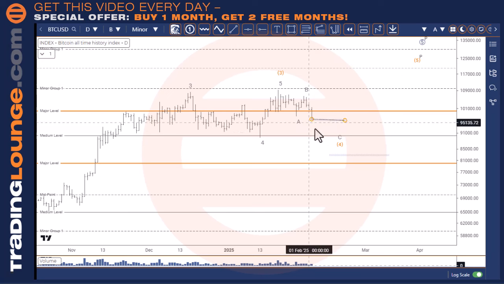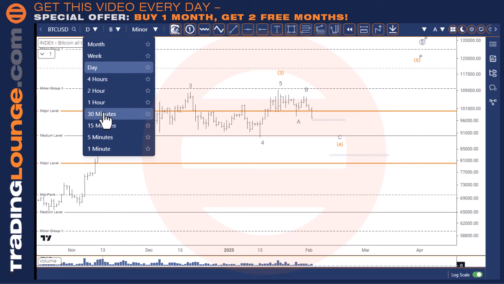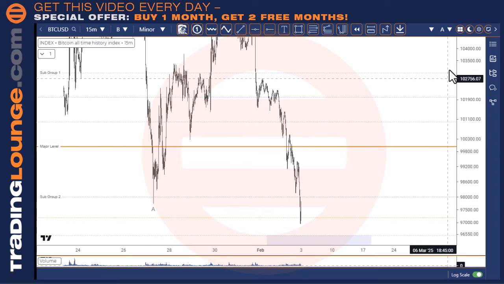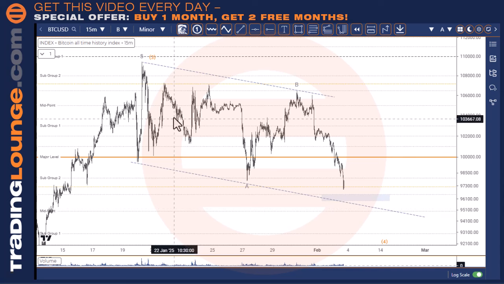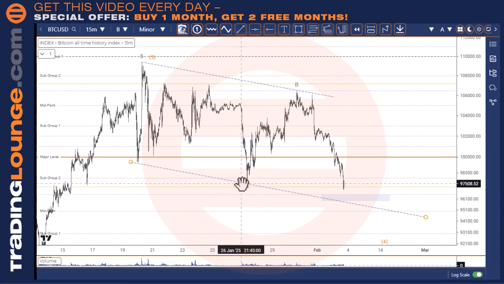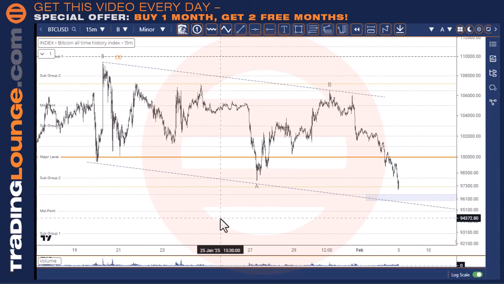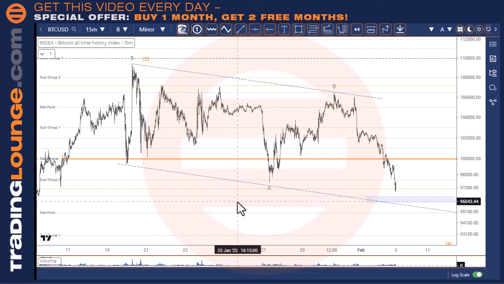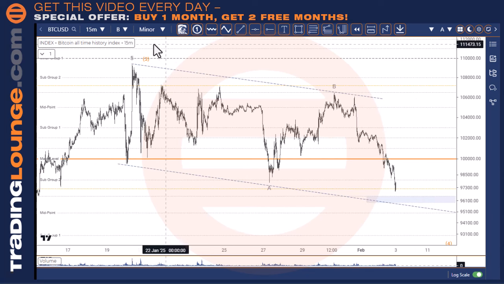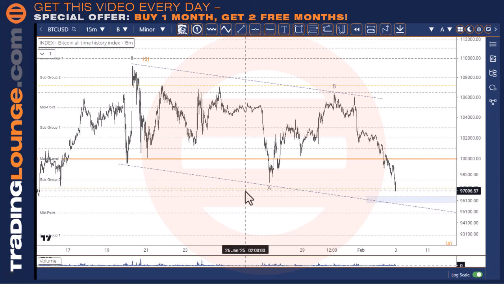Okay, so it's just something that I wanted to talk about, and based on that, let's go to the 15-minute chart and check on this here. An ABC pattern should really be quite simple. It should just be a zigzag pattern, a 5-3-5 structure, and all of this here is looking more like something you'd get in wave 4 or B wave.